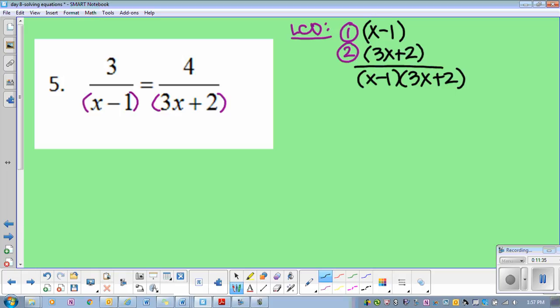It's just like when we did the adding and subtracting, right? So what is the first fraction missing to look like the LCD? What is this guy missing? Good. That one's missing the 3x plus 2. So I'm going to multiply by 3x plus 2 on the bottom and on the top. And what is the second one missing?